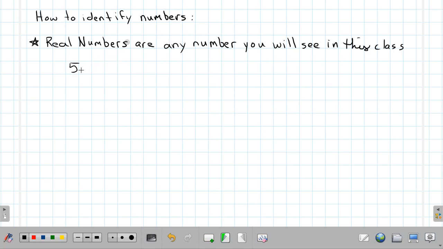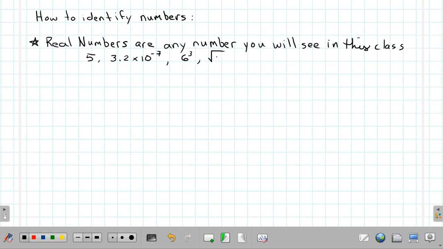So 5 is a real number, okay? So let me shrink this down a little bit, give us a little more space. So 5 is a real number. 3.2 times 10 to the negative 7 is a real number. 6 to the third power is a real number.